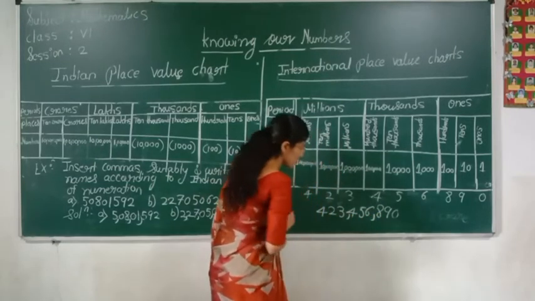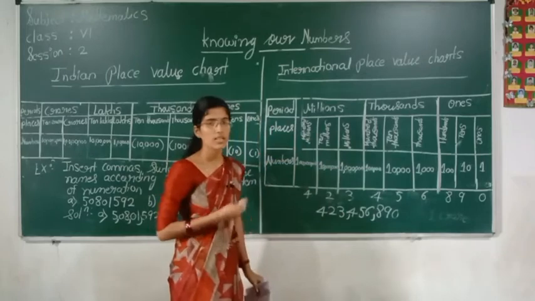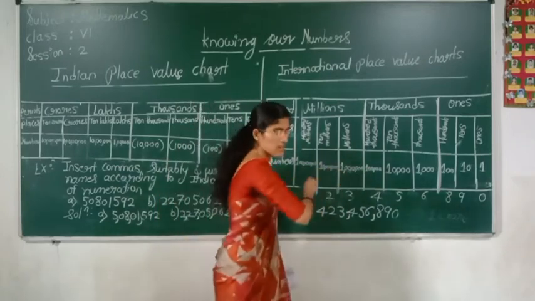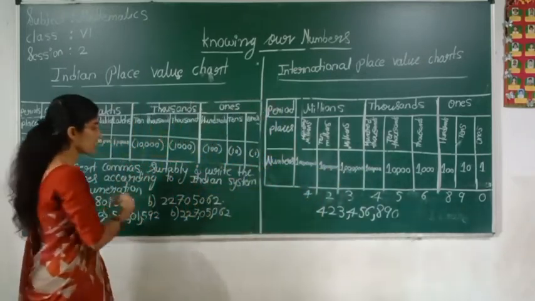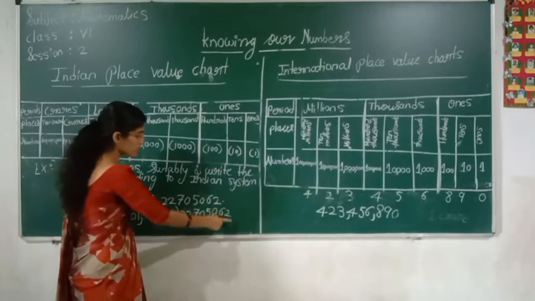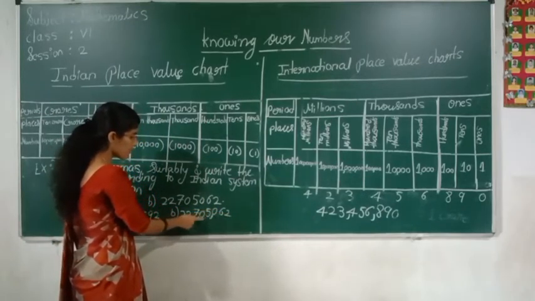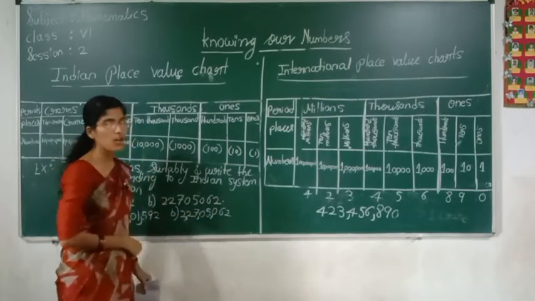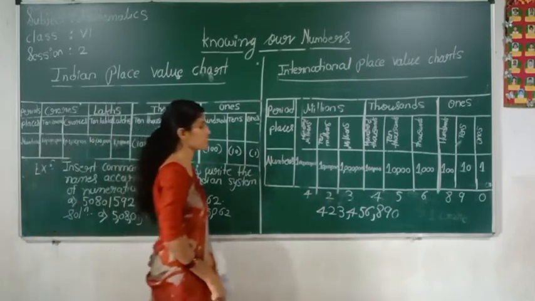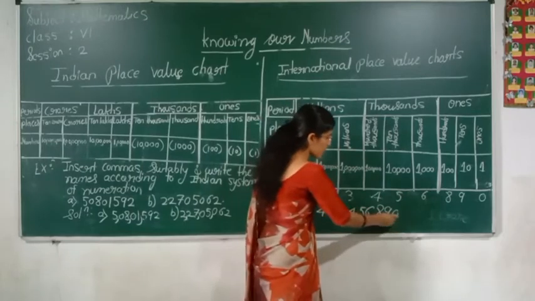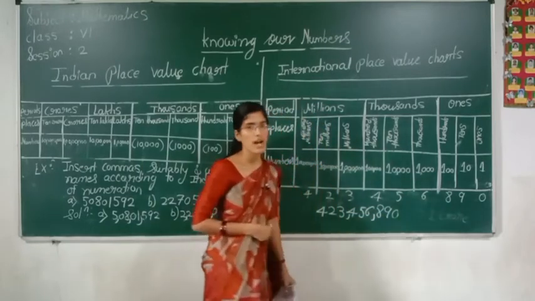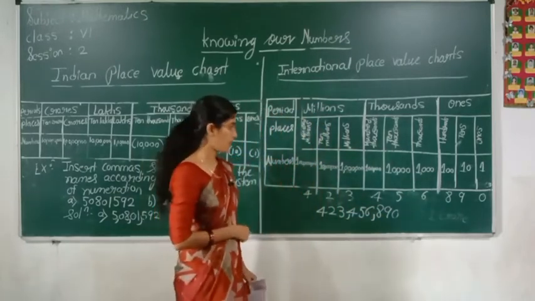After every 3 digits from the right side. But in the Indian place value chart, from the right side first we used to give after 3 digits, followed by 2 digits. But in the international place value chart, from the right side after every 3 digits we are going to give commas.